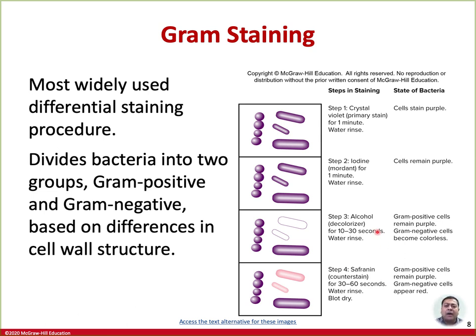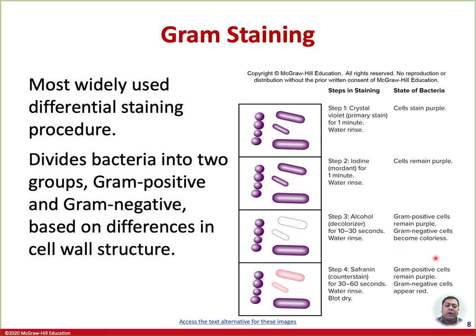Here is the most important part: the gram positive cells remain purple. That means the alcohol decolorizer will not take the stain away from gram positive cells. Whereas there is another group of cells which initially were stained purple, because all cells remain purple, but after the alcohol decolorizer treatment, they now become colorless.